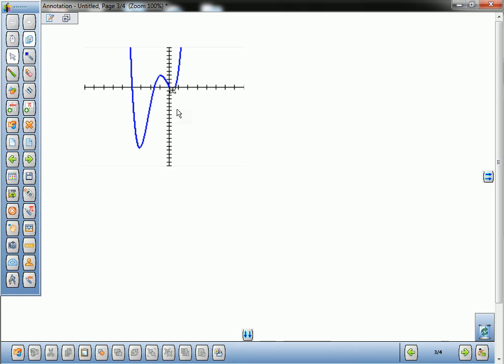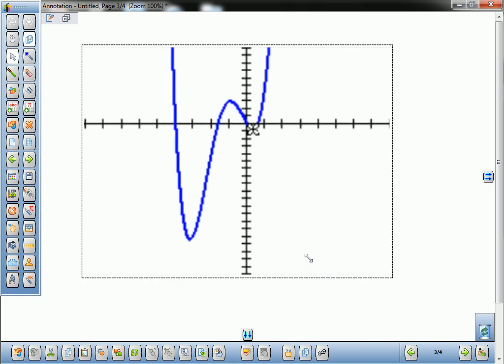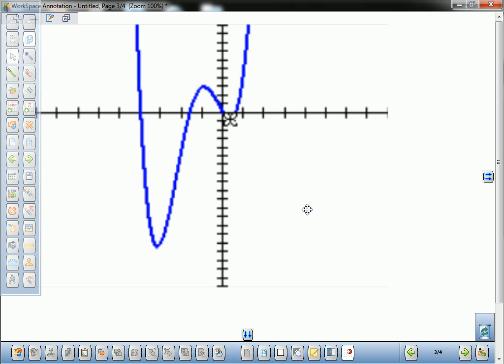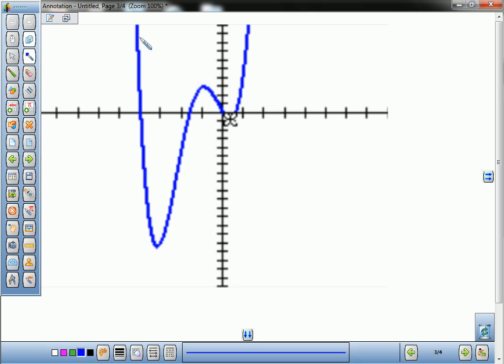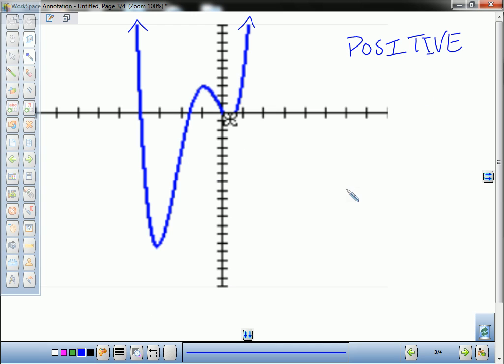Today, we're looking at where the function is positive or negative. Okay? And the y values are always positive above the x-axis, and they are negative below the x-axis. So it's positive above and negative below.